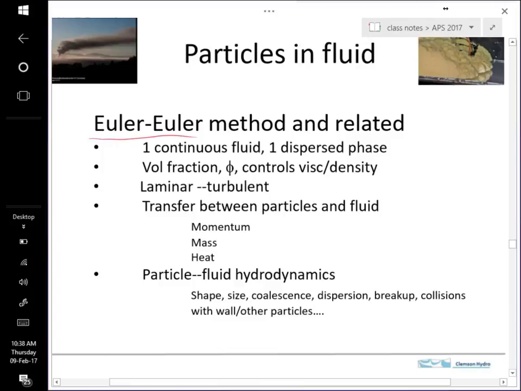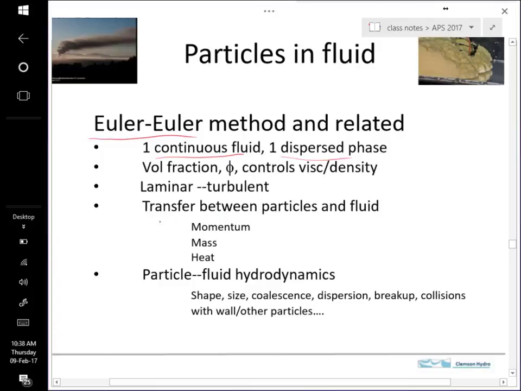The Euler-Euler method is one where we've got a continuous fluid like water and a dispersed phase like these solid particles. And the volume fraction of the solid particles is going to control the density of the resulting mixture and viscosity. And so we're going to want to take that into account.